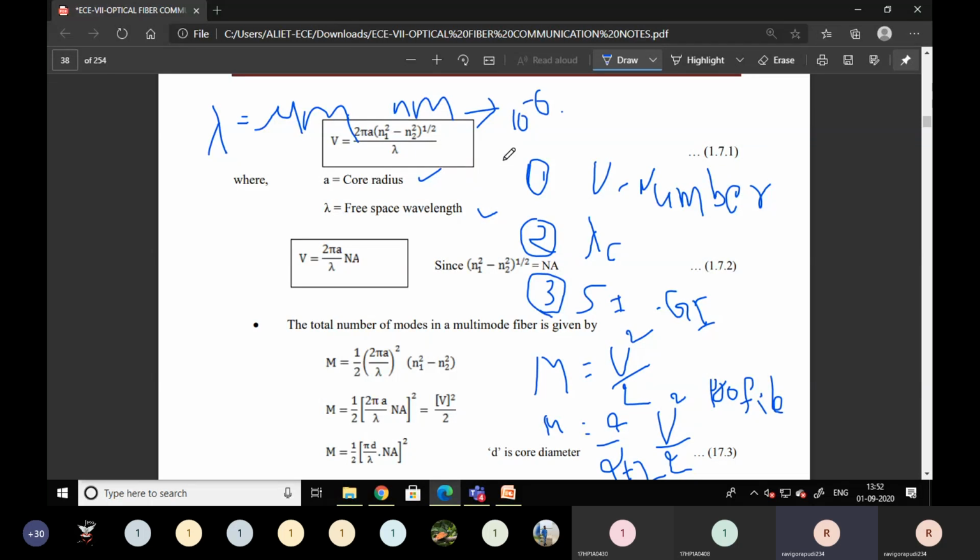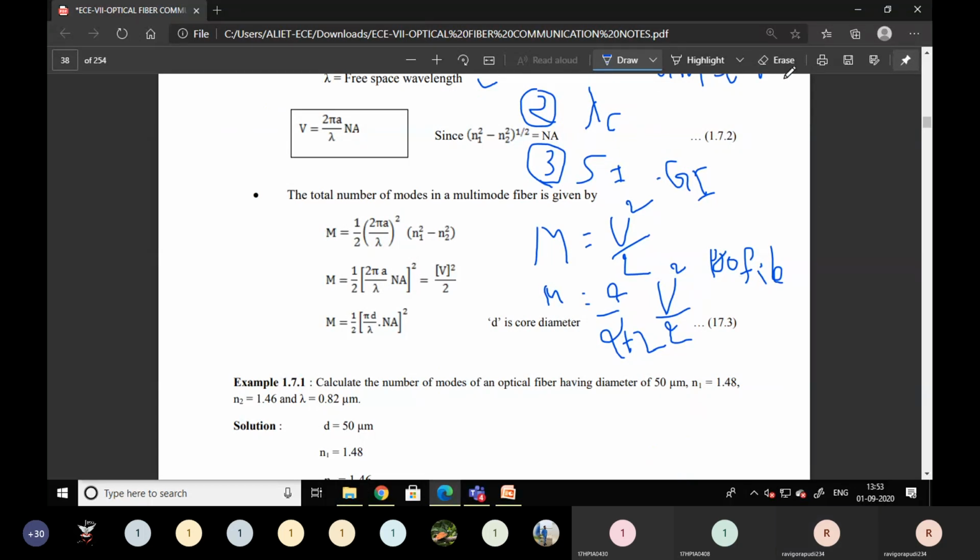For example, if it is in micrometer, 10 power minus 6, like 10 micrometer, 10 into 10 power minus 6. If I take 15 nanometer, then in the problem we have to substitute 15 into 10 power minus 9. Like that you substitute, then you'll get the exact value. Is it clear?